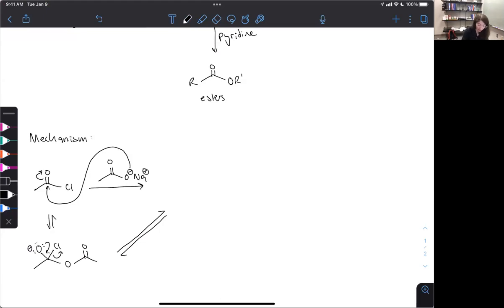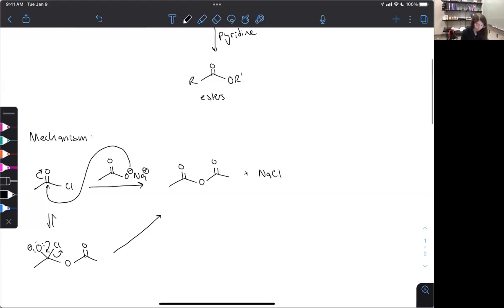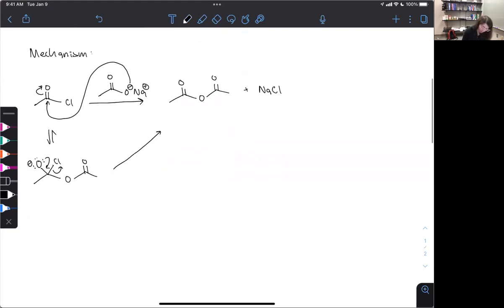So once it attacks, it is going to be fairly one directional, just in terms of the chloride is better to hang around on its own than the acetate is. So we're going to see the formation of that anhydride, and then we're going to make NaCl as our byproduct.